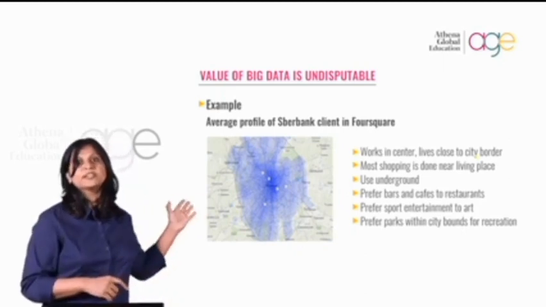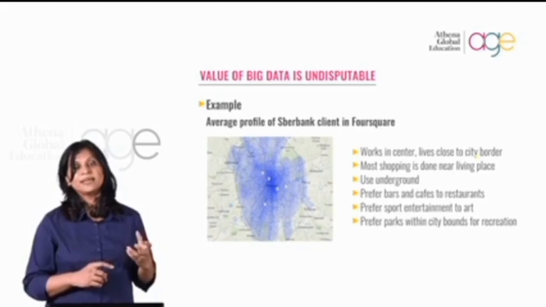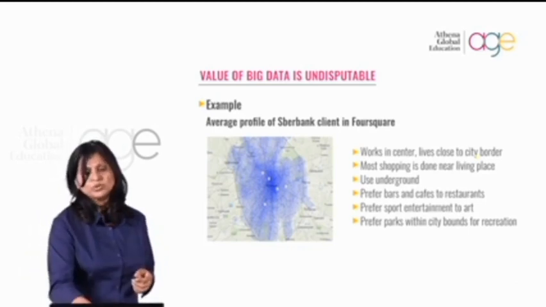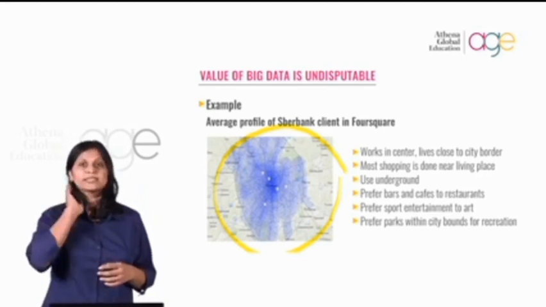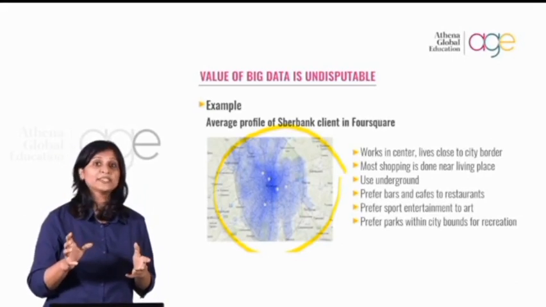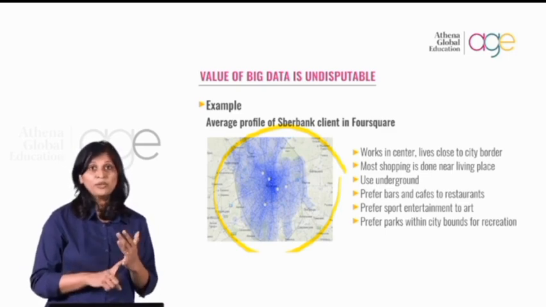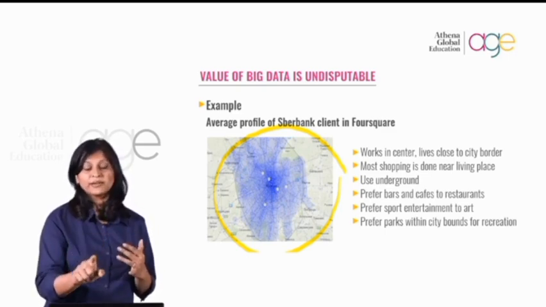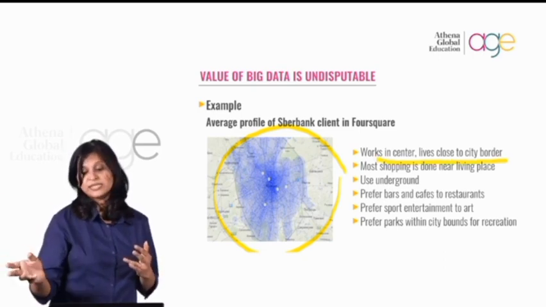For instance, look at this particular figure and you're able to see how a bank is able to generate a very intense profile of its clientele on the basis of data generated in the Foursquare app. So now they know that the majority of their clients work in the city center and live close to the city border.